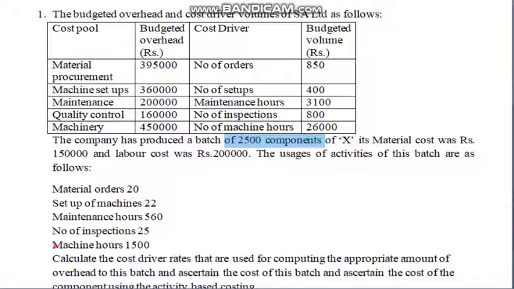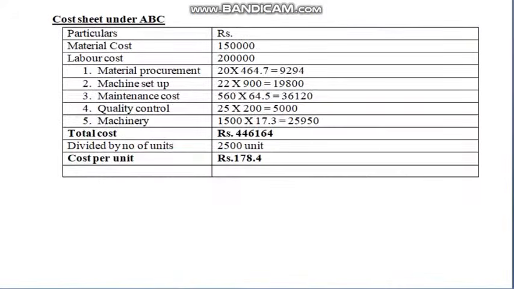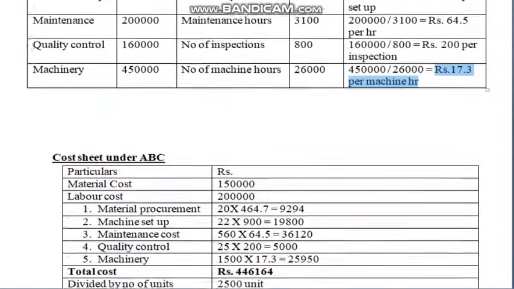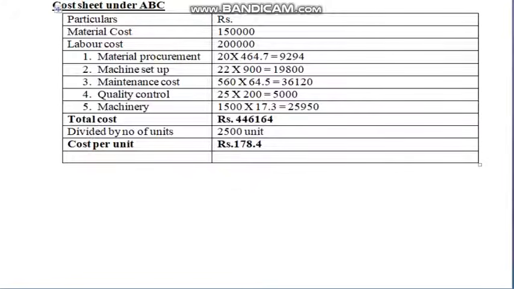So 1,500 multiplied by the cost per machine hour, which is 17 rupees 30 paisa per machine hour. So you will get 25,950.